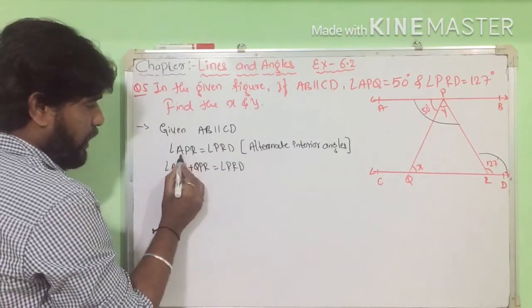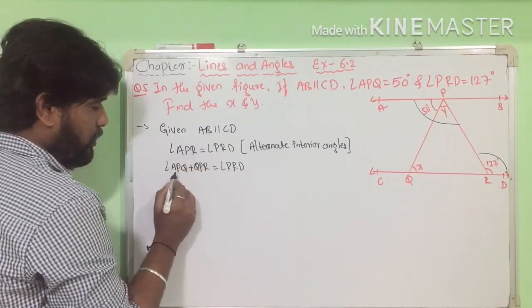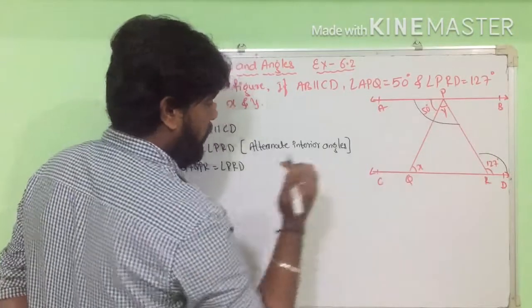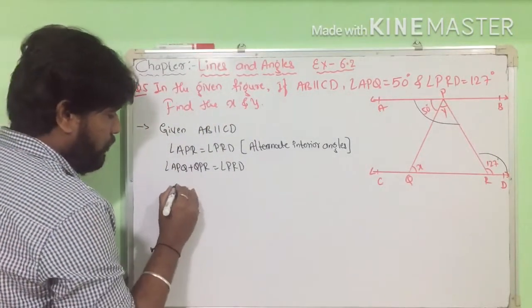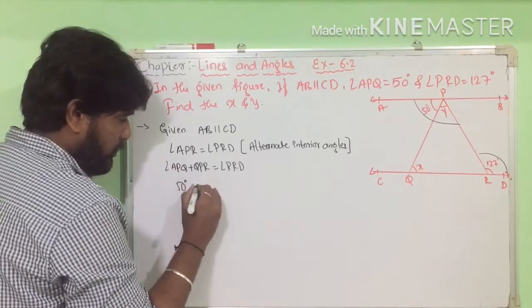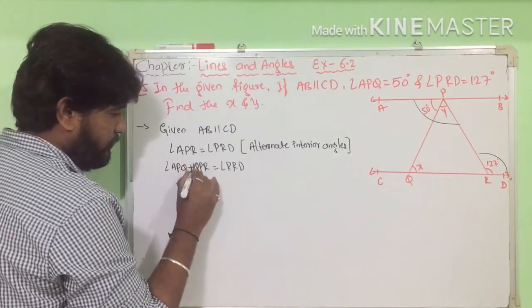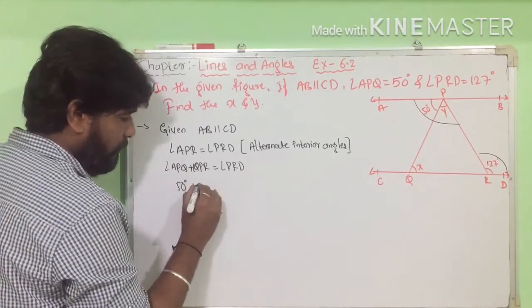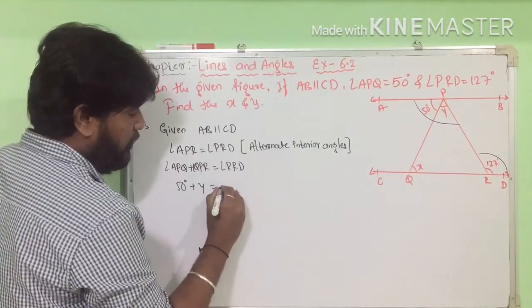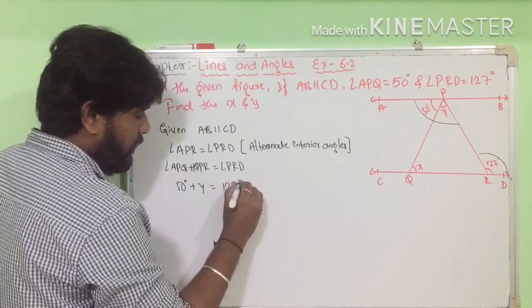Instead of APR we write APQ and QPR. The sum of these two angles is this whole angle, right? So APQ we know is 50 degrees, and plus this one, angle QPR, they given as Y. This is equal to angle PRD, they given 127 degrees, right?